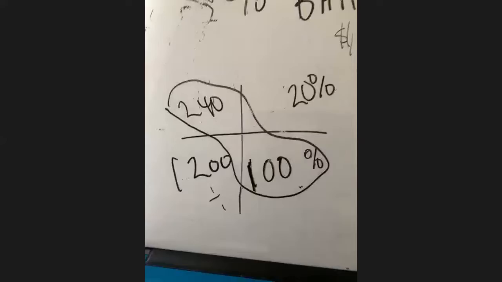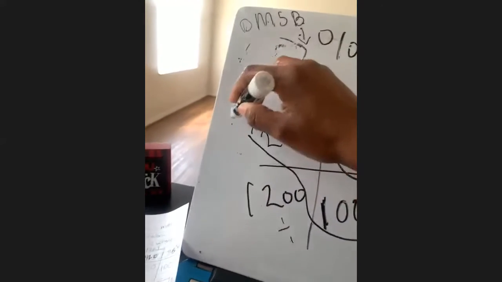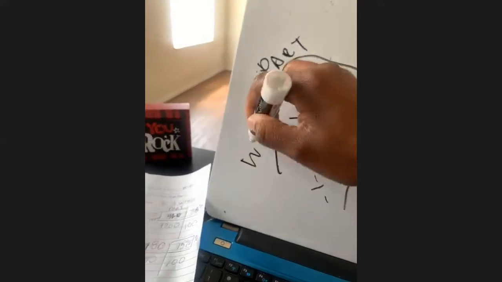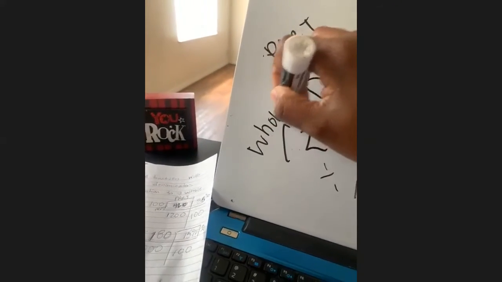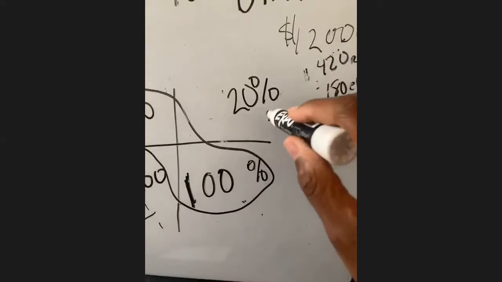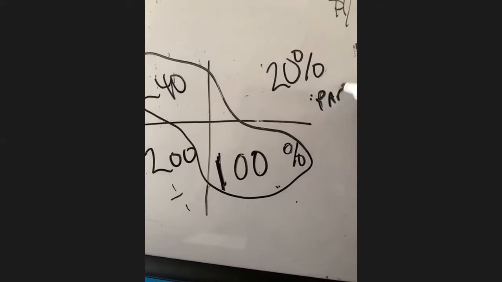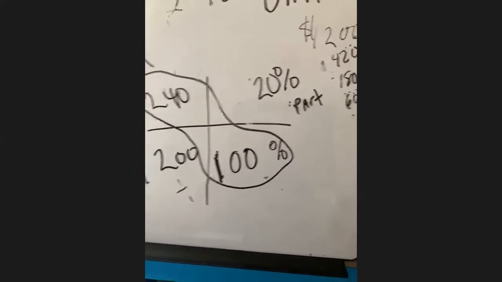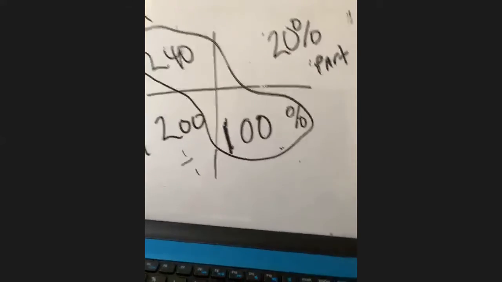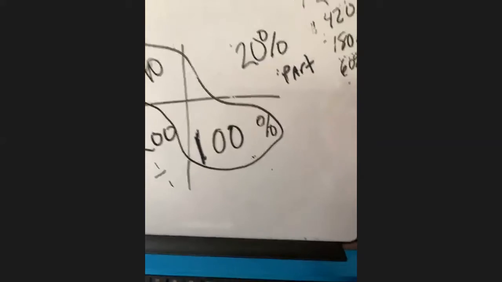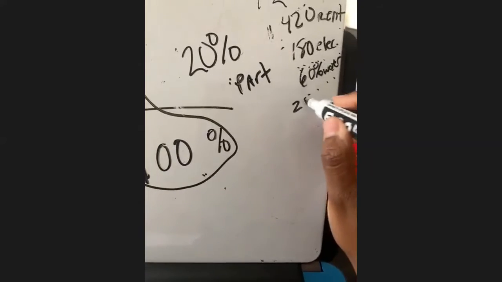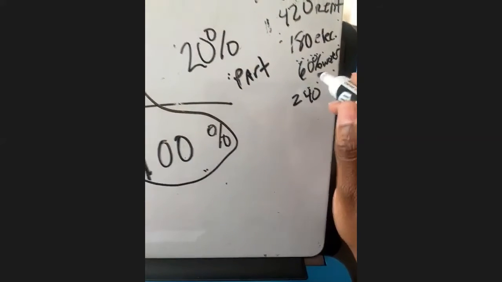Okay. So again, this is the part. This is the whole. This is the percent whole. This is the percent part. Now let's put it all together, because we still have a percentage left out of 100. We've spent $240 for food.